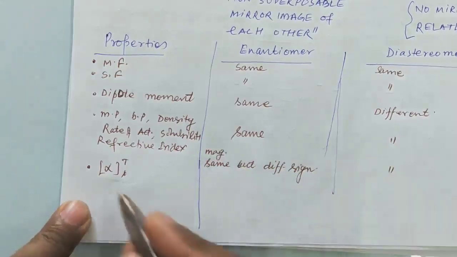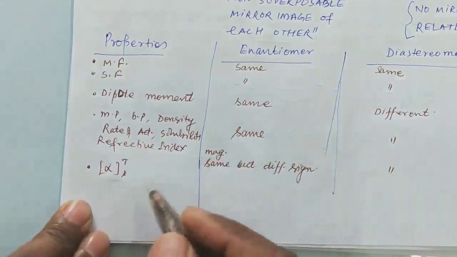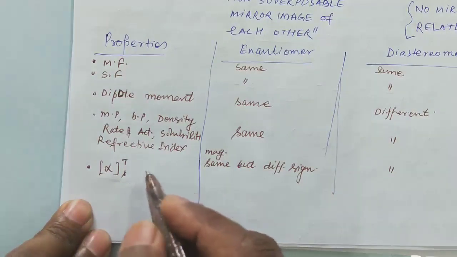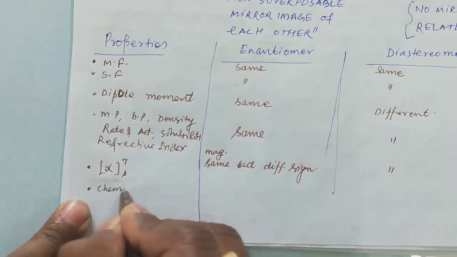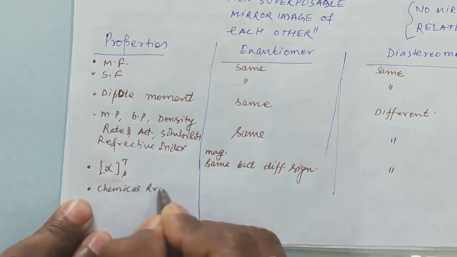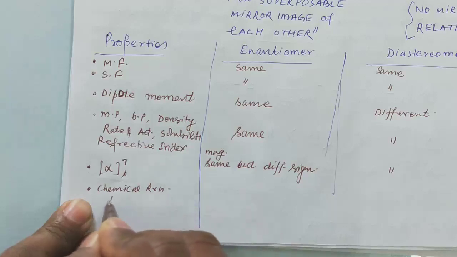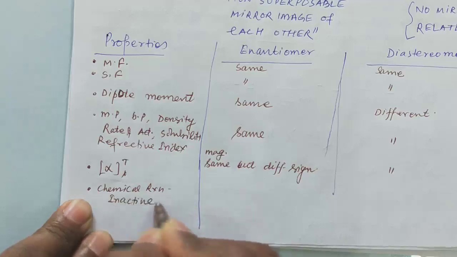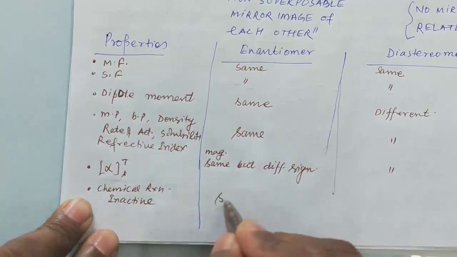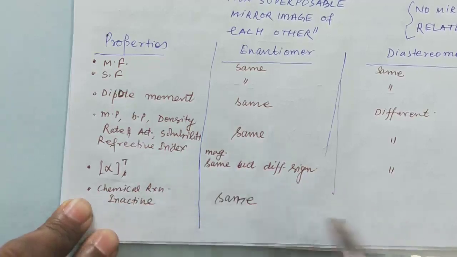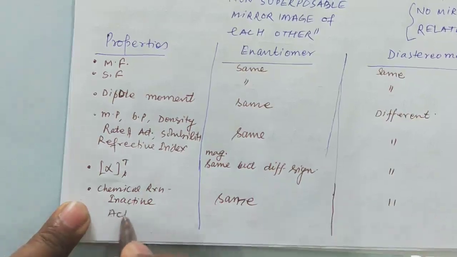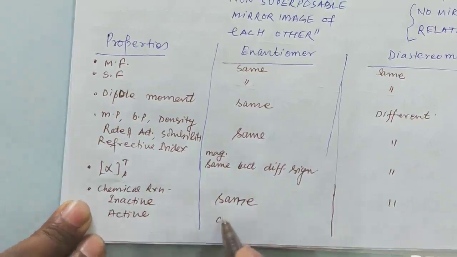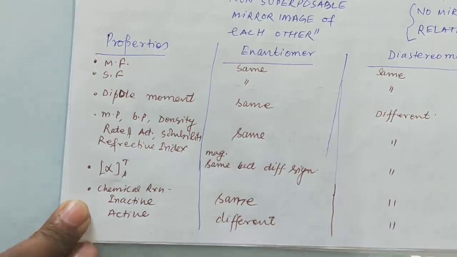Now come to the chemical reaction. Chemical reaction with optically inactive reagents: all the enantiomers have the same, but diastereomers are different. And with optically active reagents, different and different.